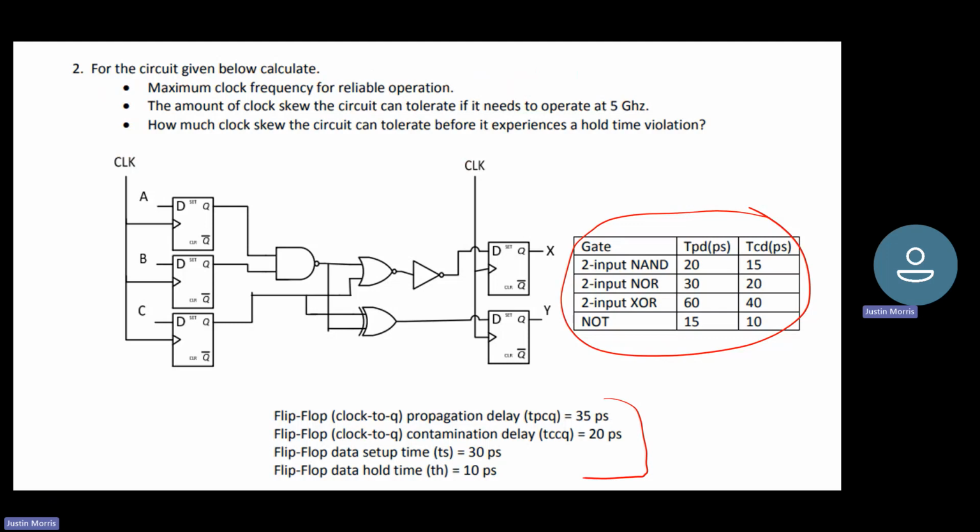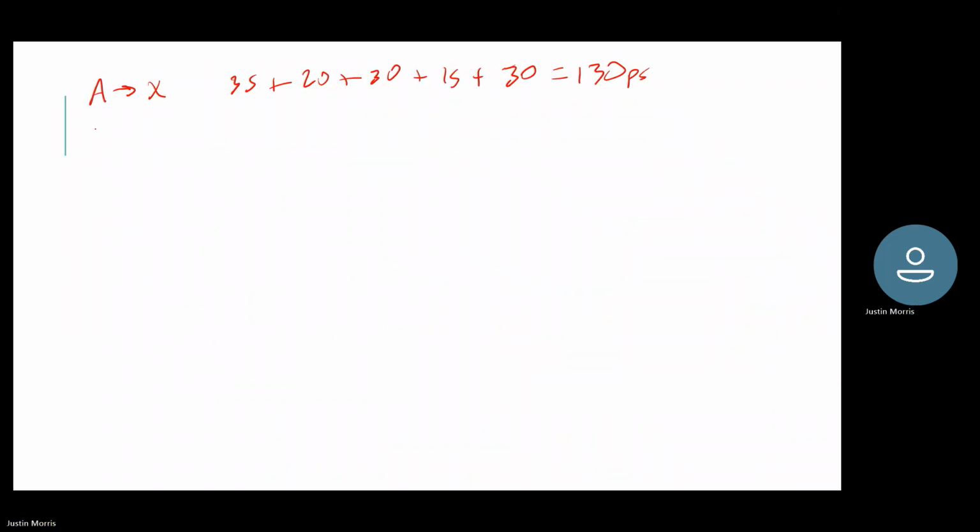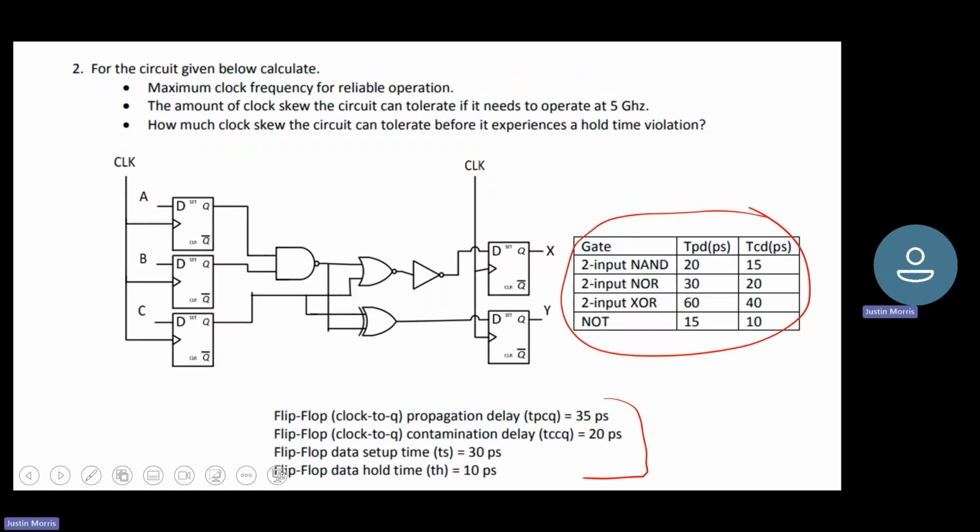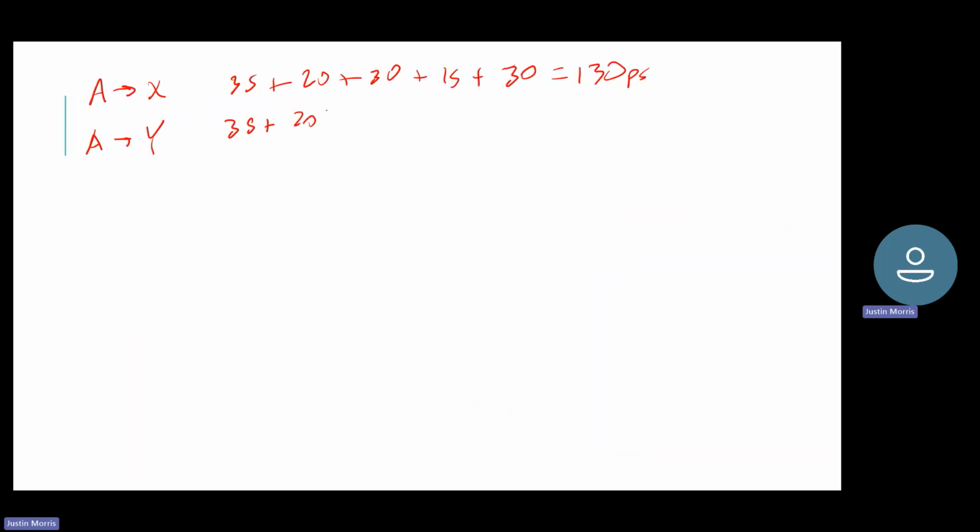The other thing we need to check is A to Y. So A to Y, again, 35 from the flip-flop TPCQ. And we are again going through the NAND gate. So that's another 20.